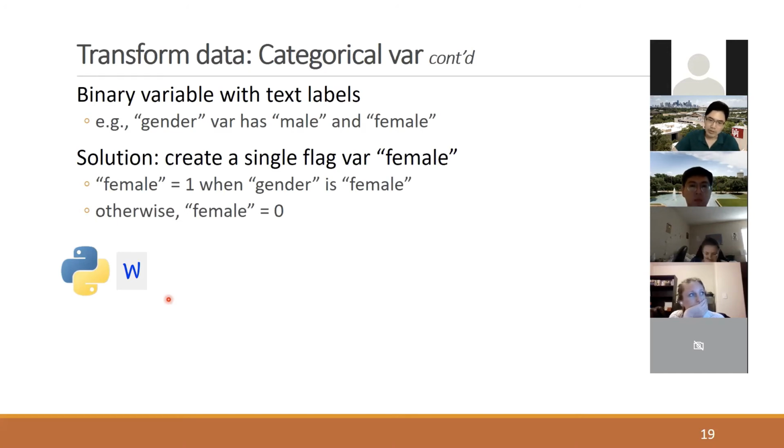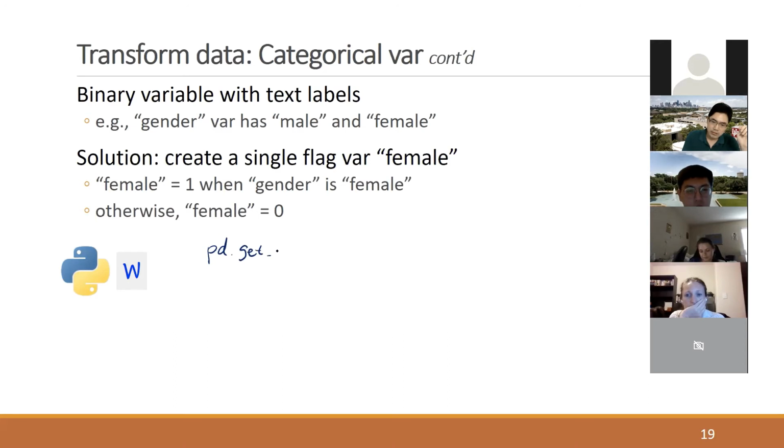That's better. You can also specify a prefix to the flag variables to better organize the columns. So get dummies is a good tool for any categorical variable that has more than 2 labels, like marital status, which has 3 labels.